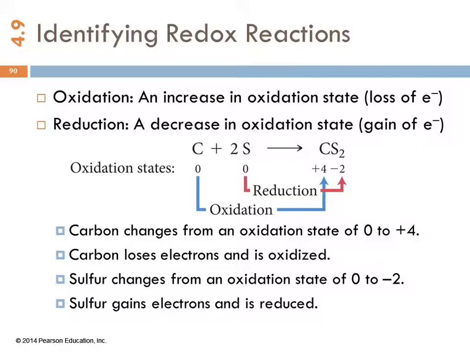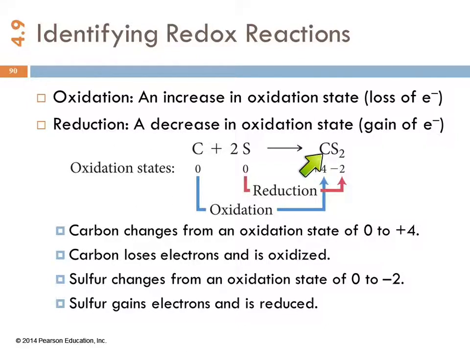Okay? So if we look at this example, here we've got the element carbon reacting with the element sulfur. Both of these have oxidation states of 0. In this compound, carbon disulfide, in the pecking order was fluorine, hydrogen, oxygen, 7, 6, 5, right? Well, sulfur is in group 6, carbon's in group 4.